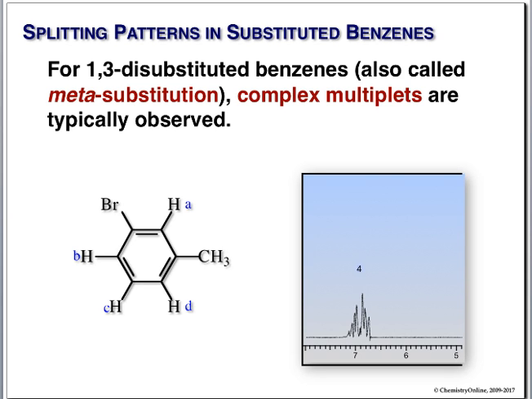It's lots of peaks, all squished together, really can't figure out what's going on, but the whole group has an area here of 4. 1, 2, 3, 4. So 1,4 is easy. Monosub is easy. Meta, you just get a bit of a mess.